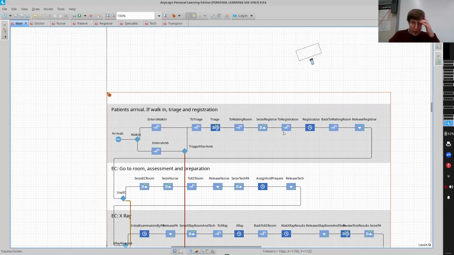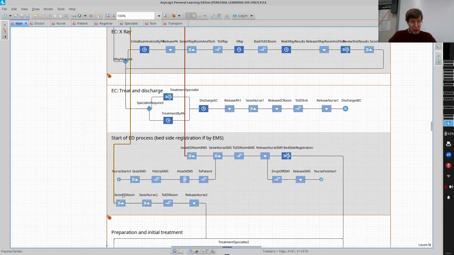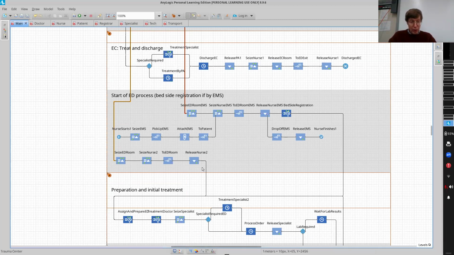They interact with the registrar, and before that, they're triaged as to level of urgency, such as the CTAS scale here in Canada, the Canadian Triage Acuity Scale. Now, if they're using the express care, they undergo a specific workflow for that. As it turns out, that will be time limited. And otherwise, they come down and are routed to the emergency department in a way that awaits an emergency department room.